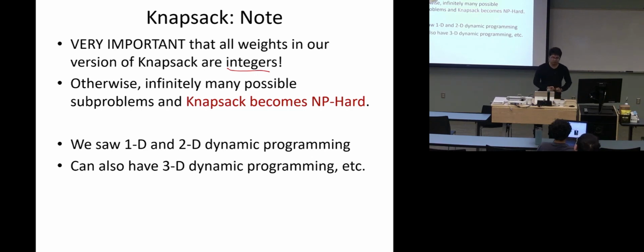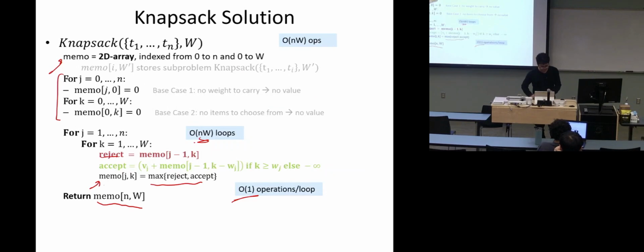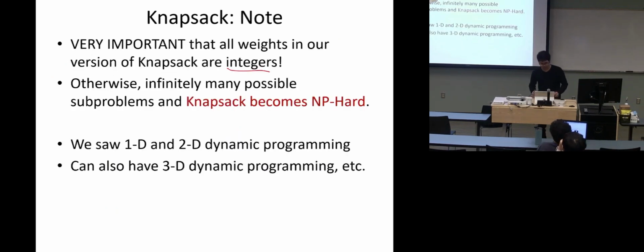If they are not integers, there can be infinitely many possible subproblems, and then the knapsack problem actually becomes NP hard. So we get this kind of fast algorithm when the weights are integers.